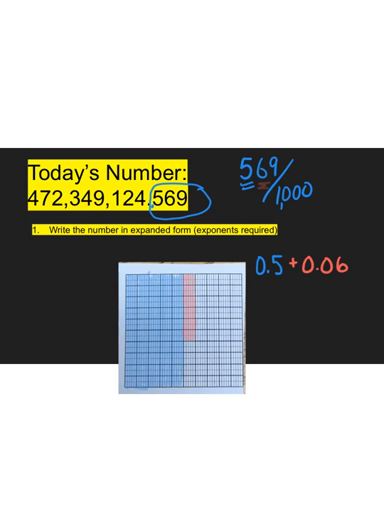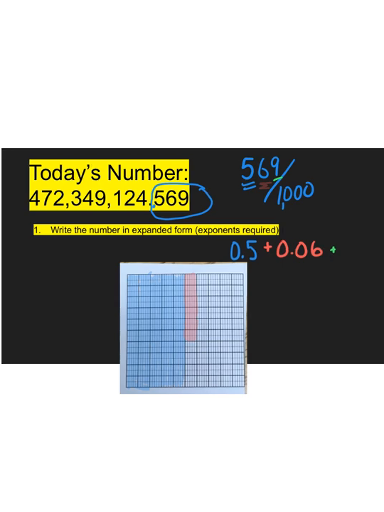Okay, and then last, I'm going to shade my thousandths place, which is here. Oh dear, I'm running out of space. I hate that. Okay, so I would represent that 9 thousandths, or 9 out of 1,000. And when I shade that, it's going to be 9 of these itty-bitty little thousandths here. Okay, 9 thousandths.